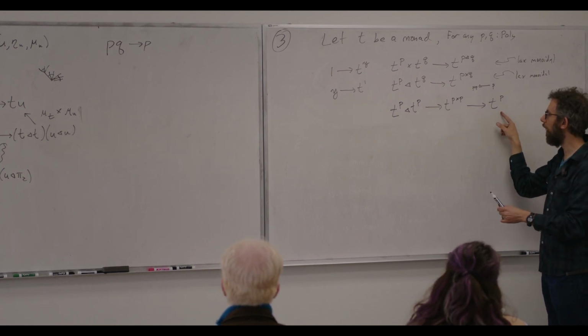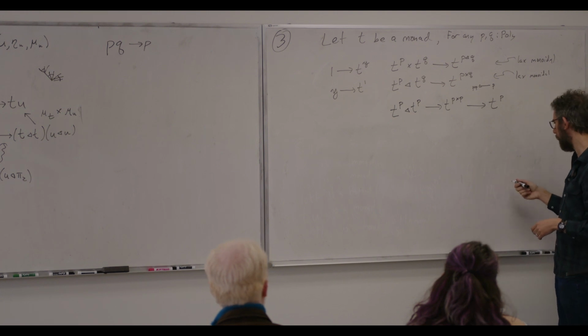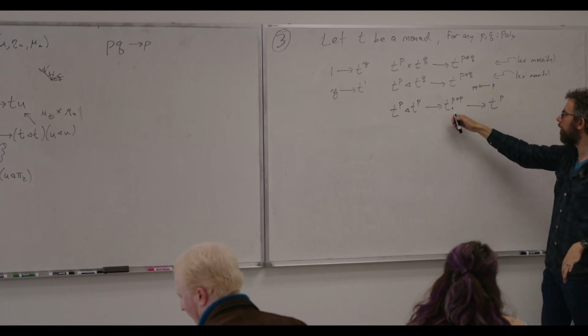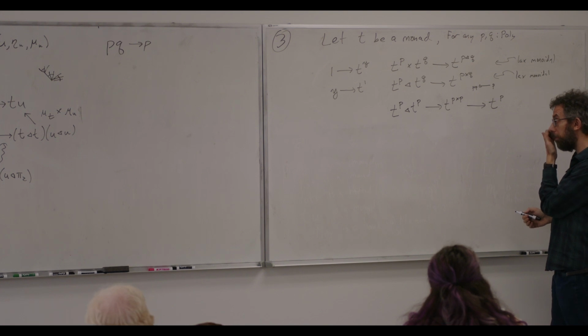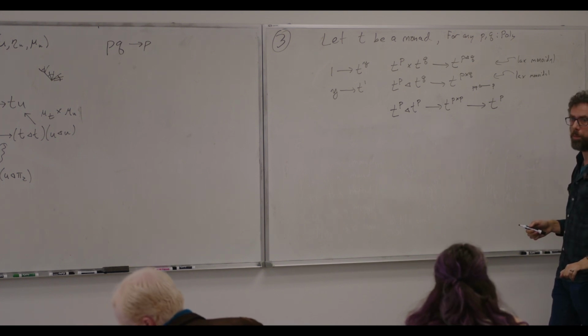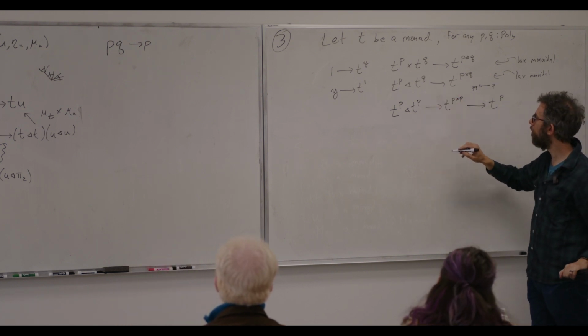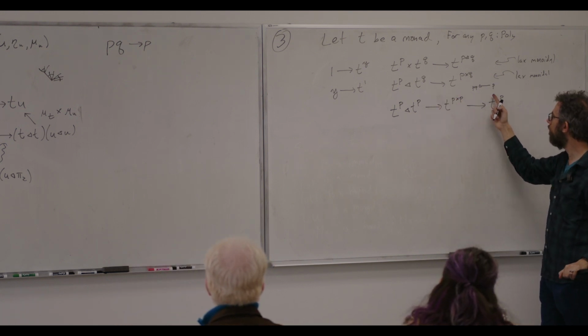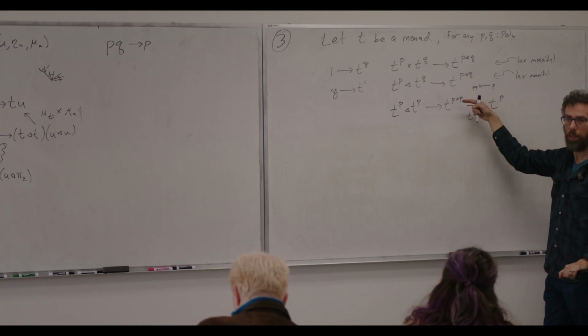Then I get a map like that, and if you use this one, you get that t to the p is a monad. The left arrow is the lax monoidality. And this one is t to the p, like t to the diagonal.